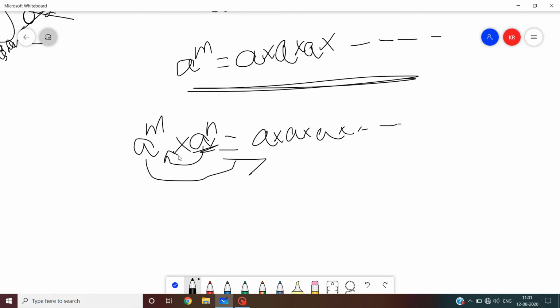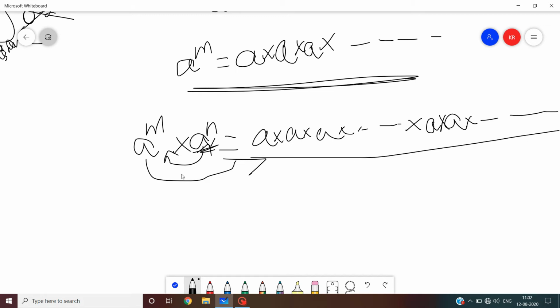Again I have the same base a, but my power is different, so I am multiplying a again for n times. Now see how many a's we are getting here: a up to m times, and again extending to n times. That means we have m a's and n a's. So a to the power of m plus n.